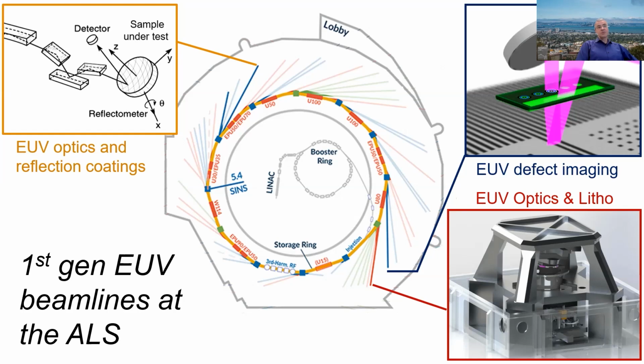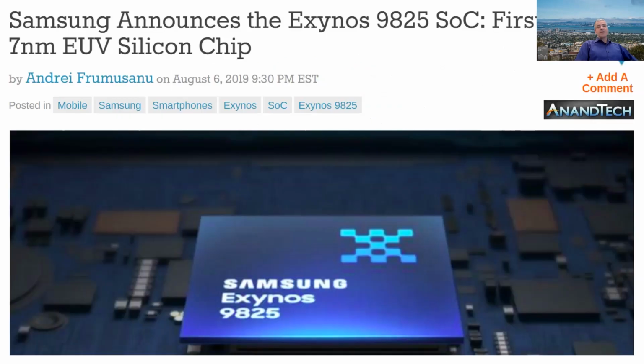So this work went on for about 25 years. And finally, as we'll show on the next slide, EUV was brought to commercial reality in 2019. And the very first chip was the one shown here in this picture. If any of you had a Samsung Note 10 at the time, that would have been the first commercial device fabricated with EUV lithography.